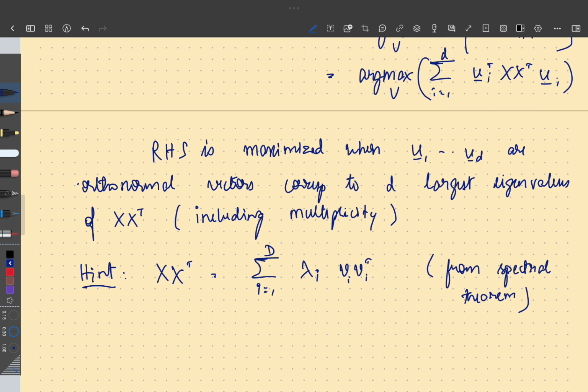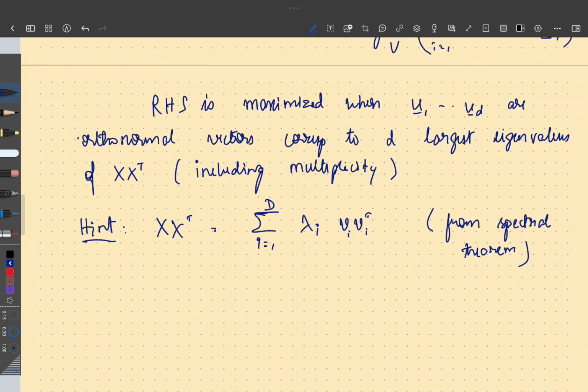Right? So V1 up to V capital D form an orthonormal basis for R^D. Now if you express the ui's as a linear combination of the vi's, then you'll get the same thing, that the maximum is achieved when u1 through ud is equal to v1 through vd.